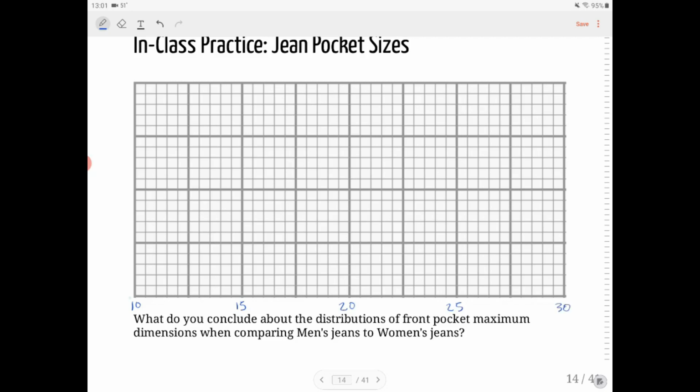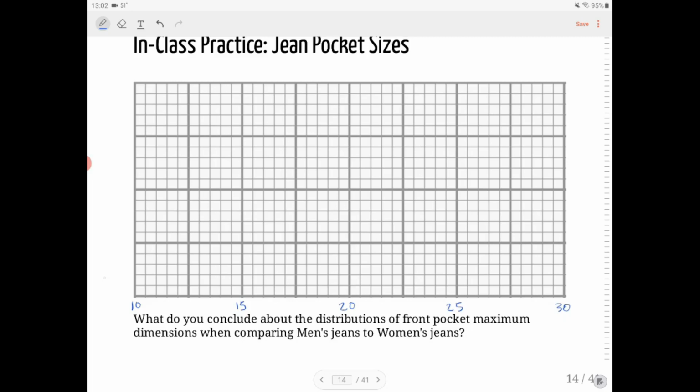That gives us a single box is equal to half of a centimeter, which is the resolution of our data. So we should be able to not have to estimate too much to draw our boxes. All right, so we've got the x-axis.